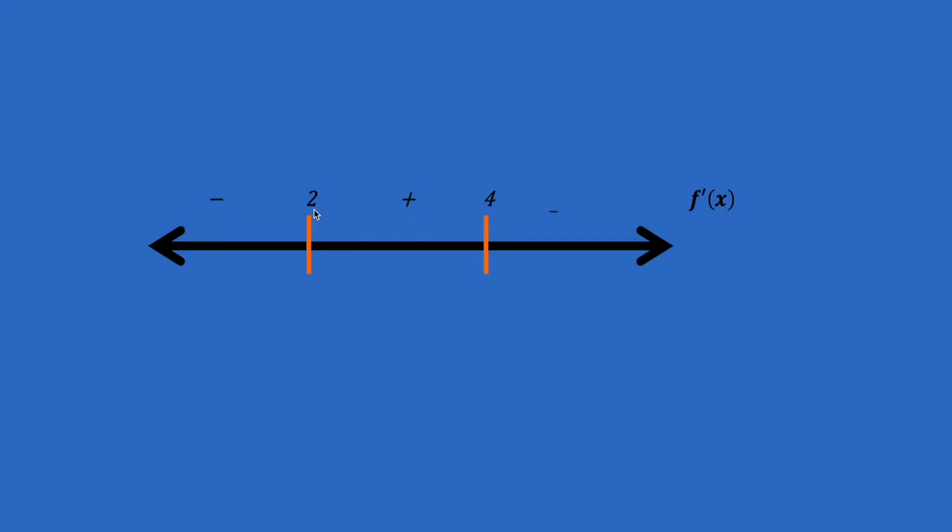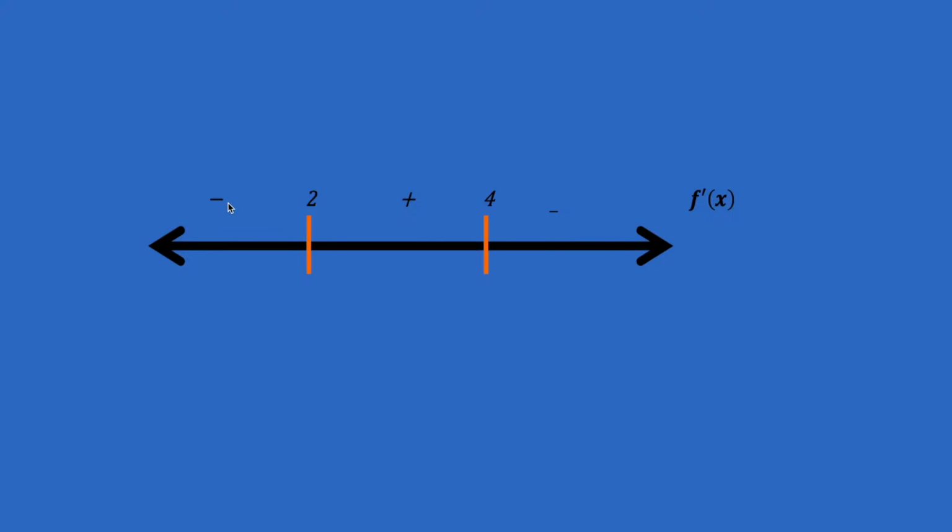At x is equal to 2, we can use the first derivative test and we can see that the first derivative on the left side of 2, if we put 1.9, will be negative. On the right side of 2, if we put x is equal to 2.1, the first derivative will be positive.